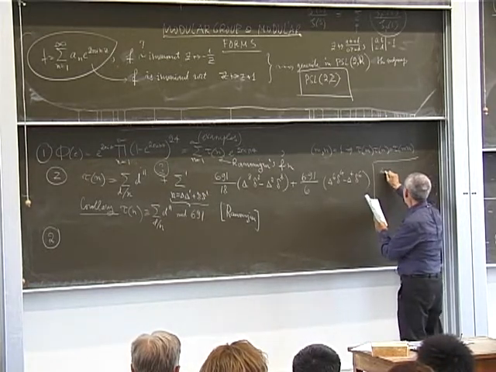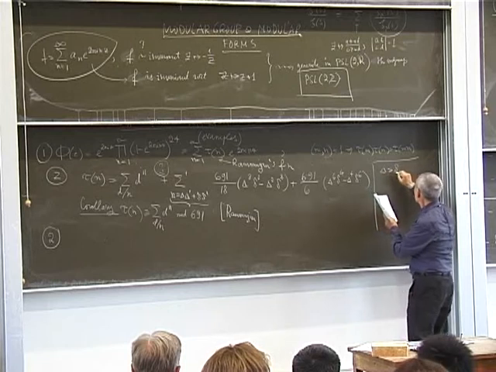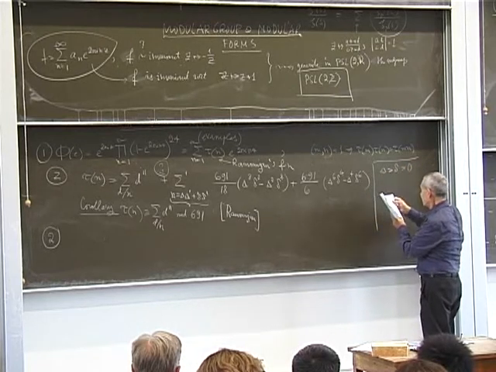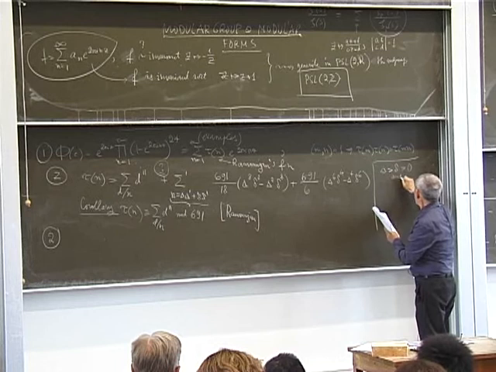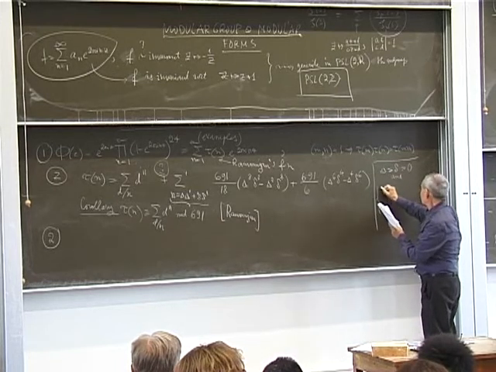Okay. The main domain is this. Two deltas are positive. And then there are additional conditions.